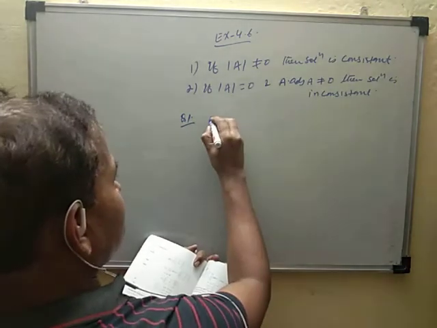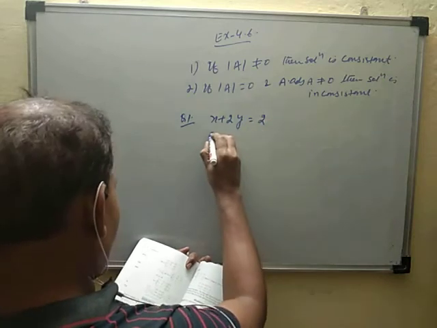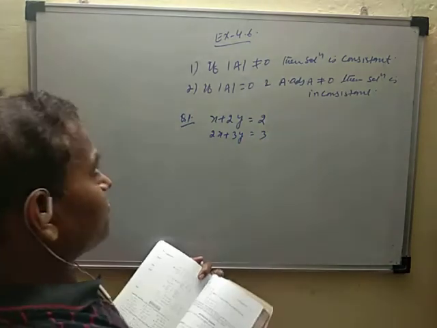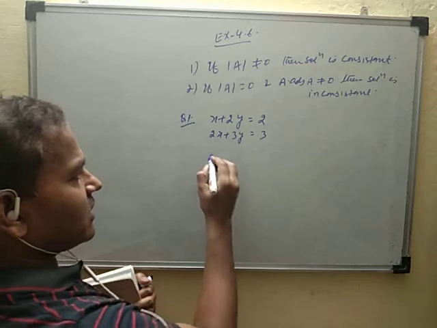First equation is x plus 2y is equal to 2 and 2x plus 3y is equal to 3. So first find A. What is A?